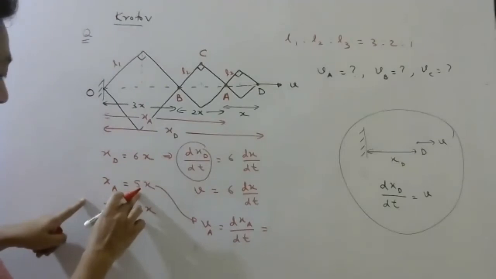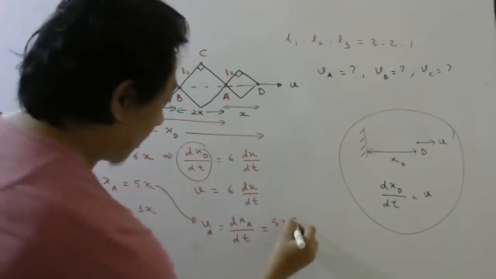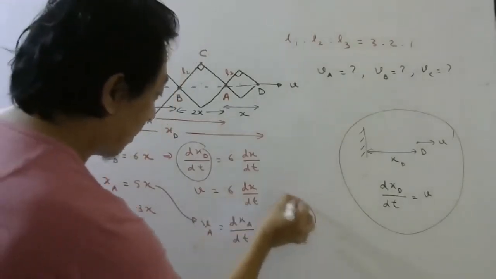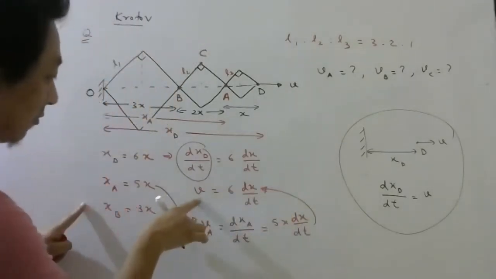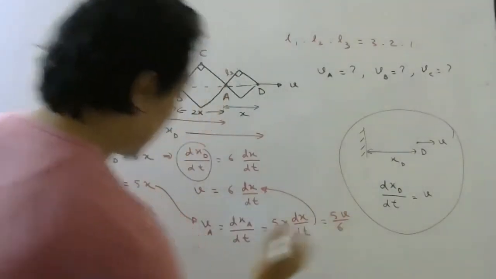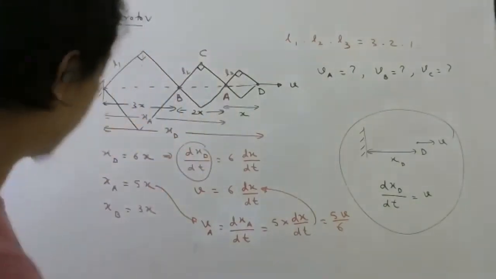So if you substitute this xA here, 5 will come out. Then I will get dx by dt. But dx by dt from here I can calculate as v by 6. So 5v by 6. So I found the velocity of A in terms of the given quantity.